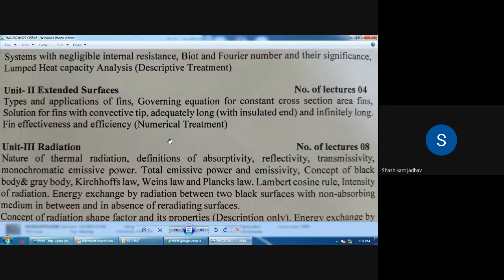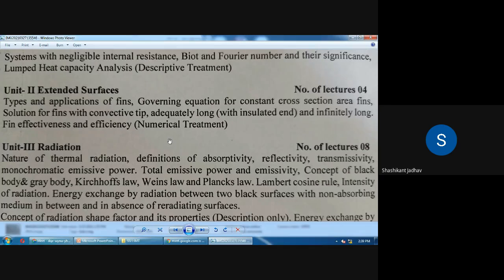Suppose we have to consider any system. For the design consideration, the temperature difference is a fixed value, Ti or To minus Ts. So what are the different ways to improve the heat transfer rate Q?